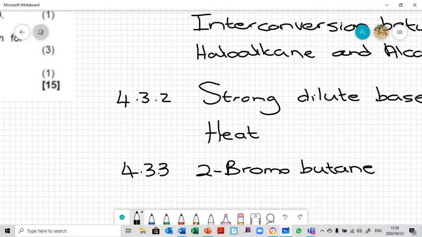Okay, remember, chemists are a bit weird. Really weird. So you need to treat them like weird people. So you also need to treat your examiners like weird people. So you have to tell them where the bromo is.